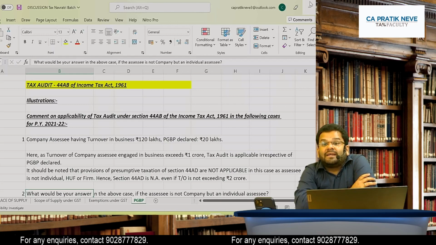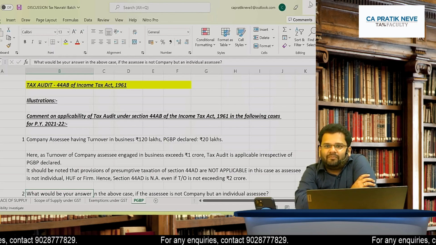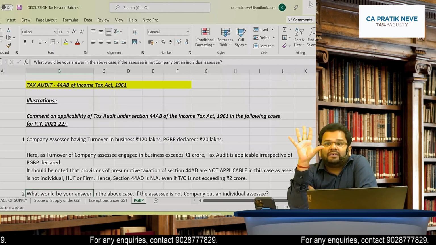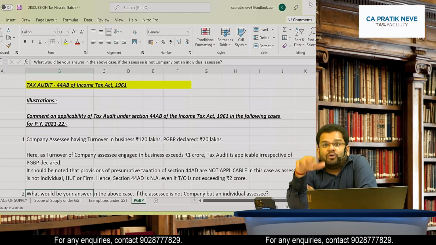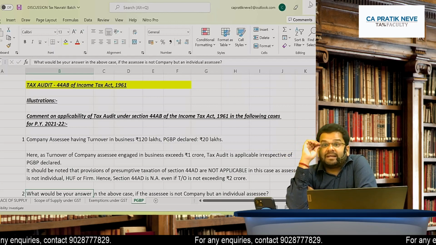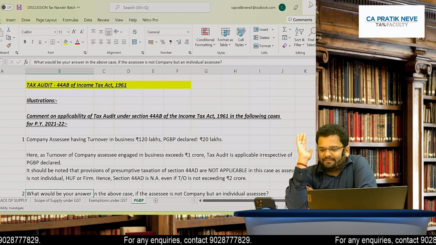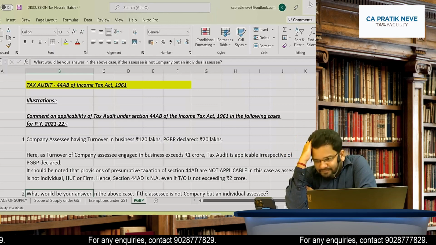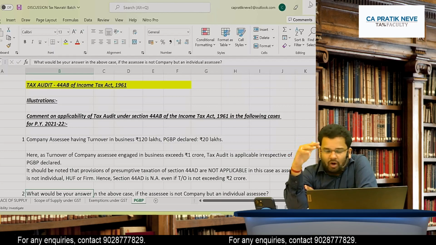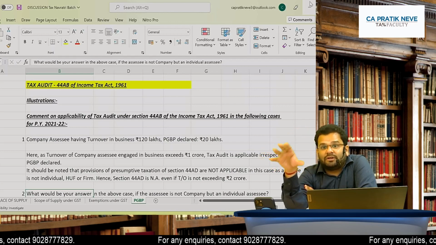Then you can escape tax audit because your turnover is not exceeding 10 crore. So Aditya, you are allowed to take only 5% in cash and pay only 5% in cash if you want the extended limit of 10 crore. Agreed? Understood, Aditya? Yes, wonderful. And don't worry, all these illustrations which you can see here, we are going to do them, because this is not the end of tax audit, this is the beginning.